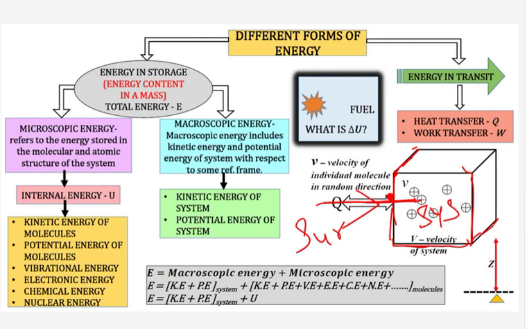The word transfer has come. Similarly, the system may do work on the surrounding, or the surrounding may do work on the system. Again that work is being transferred from the system to the surrounding, or the surrounding to the system. So that's why we call it heat transfer or work transfer. These two we'll see in detail in later lectures.